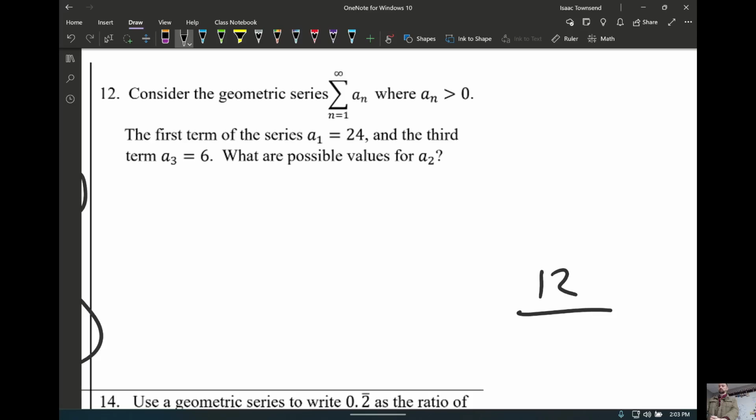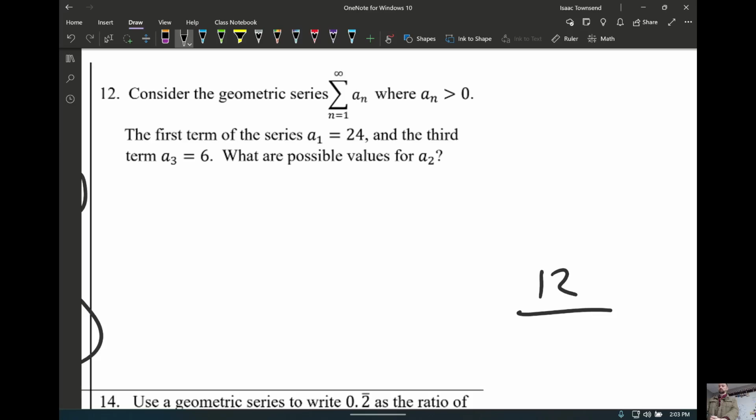X is bigger. Y is bigger. It would be divided by half, so you would multiply by 2.